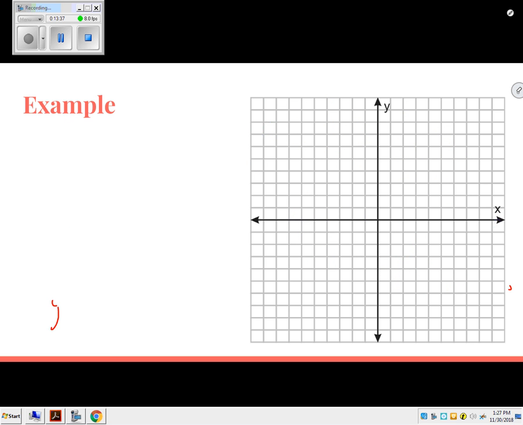Let's do one more. We'll split this one up. All right, so guys, I'm going to let you take 3x minus 5y is greater than 7.